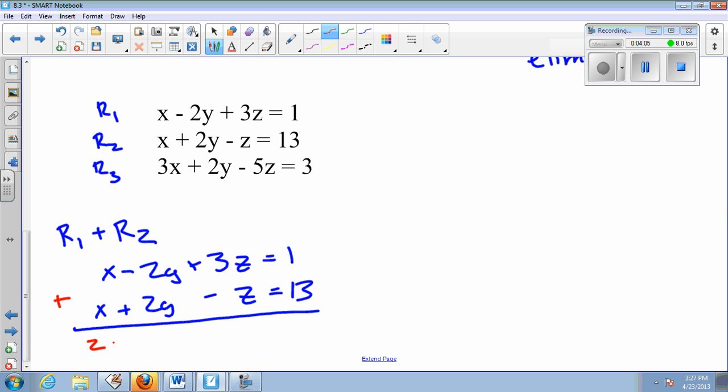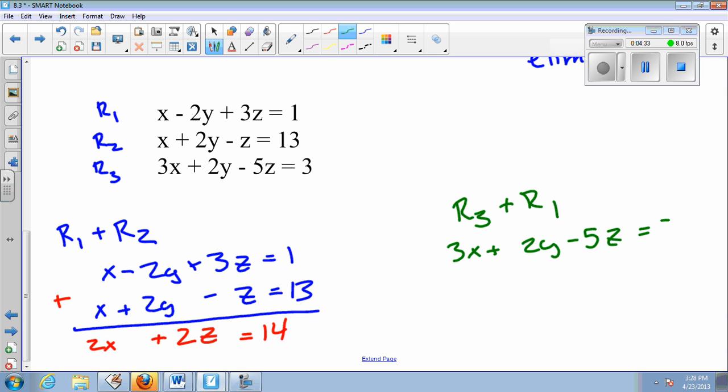And we get 2x. The y's cancel. Plus 2z equals 14. Since we've already used row 1, row 2, we need to use row 3, which has a positive 2y, and we're going to add to it row 1. 3x plus 2y minus 5z equals 3. x minus 2y plus 3z equals 1.